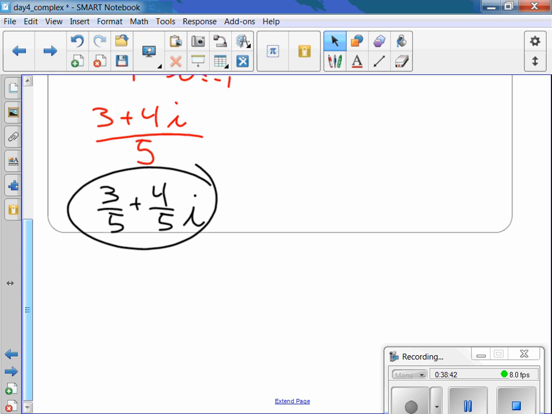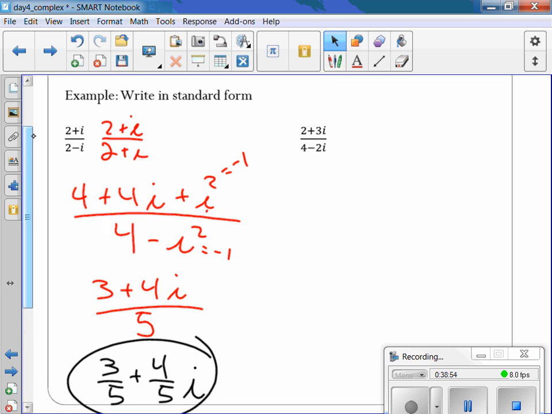And lastly, 2 plus 3i divided by 4 minus 2i. Which conjugate am I using here? Looking at the denominator, absolutely. So 4 plus 2i. Now FOIL out, or double distribution, on the top, giving us what? 4 times 2, plus 4i.